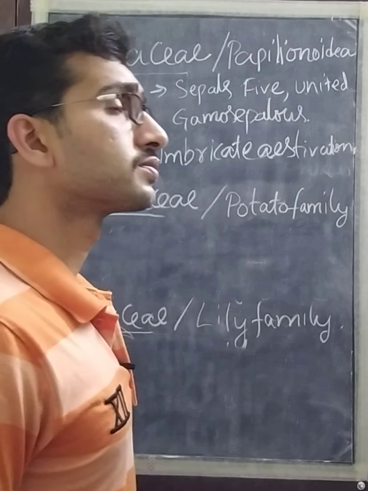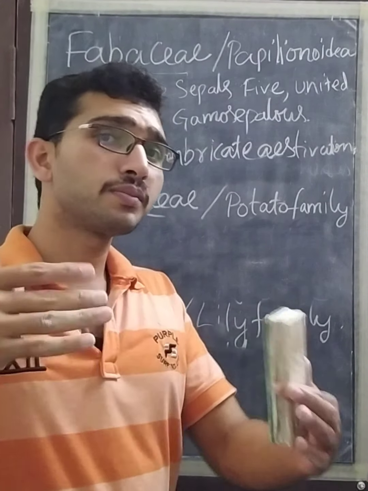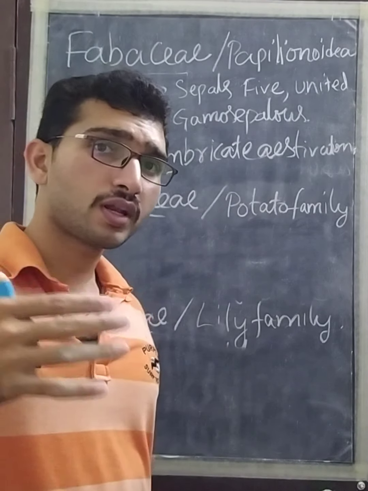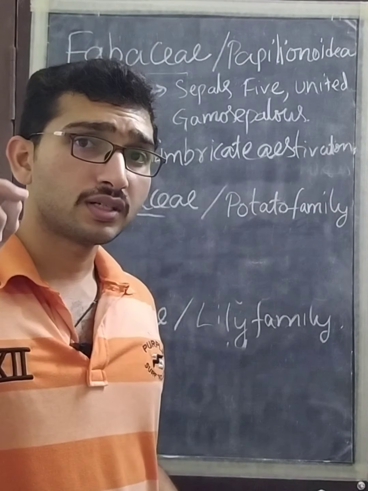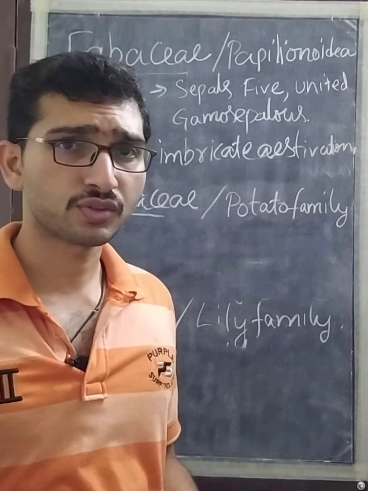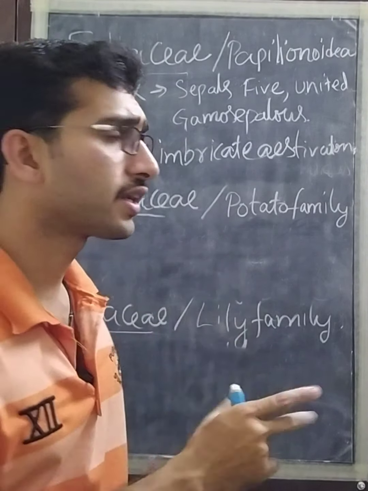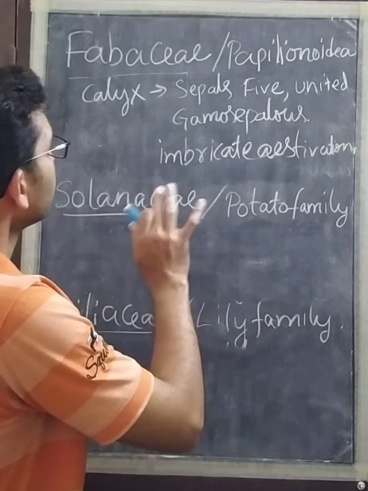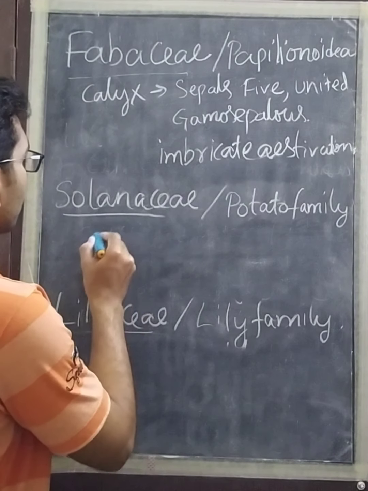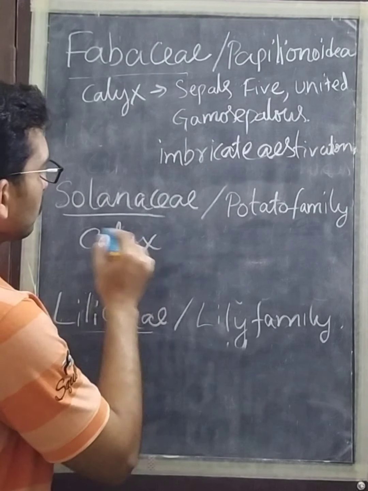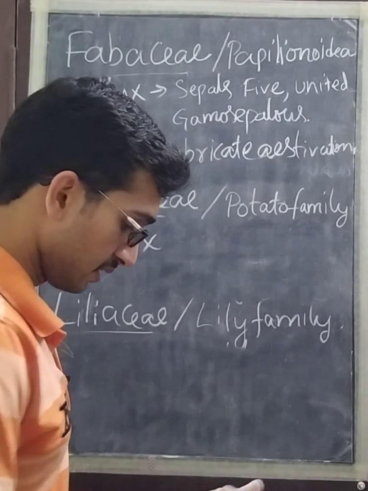Imbricate means the margins of the petals overlap each other, but in different directions. We cannot say in which direction they are present. That is imbricate estivation.